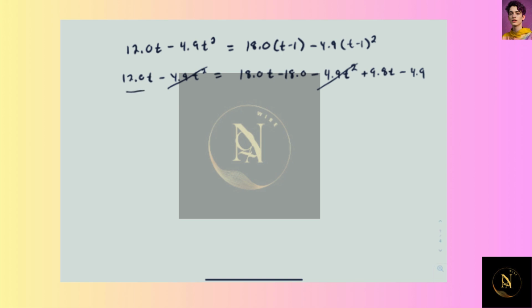Now we have 12t, 18t, and 9.8t, and 18, 4.9. If I combine all my like terms, I get 22.9 equals 15.8t. So t is 1.45 seconds. That's how long it takes for them to collide.